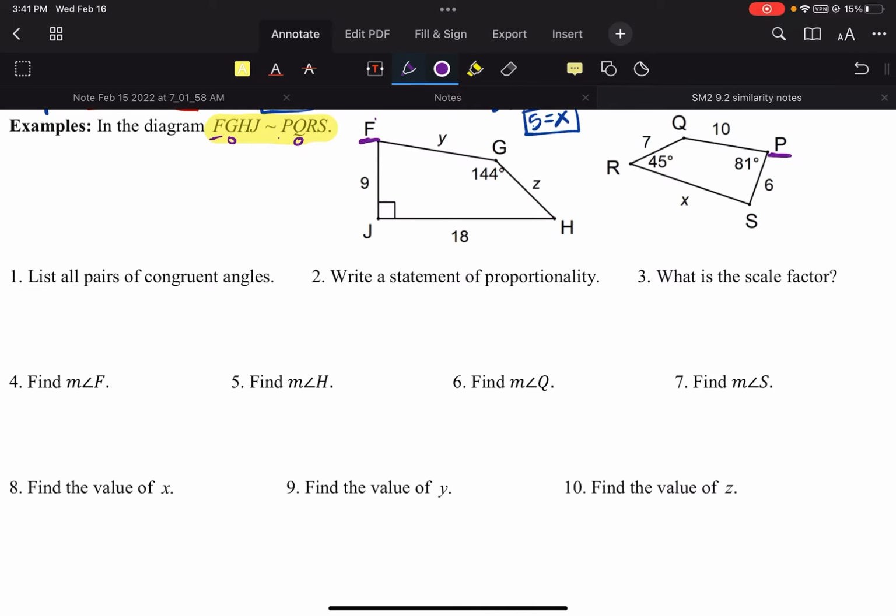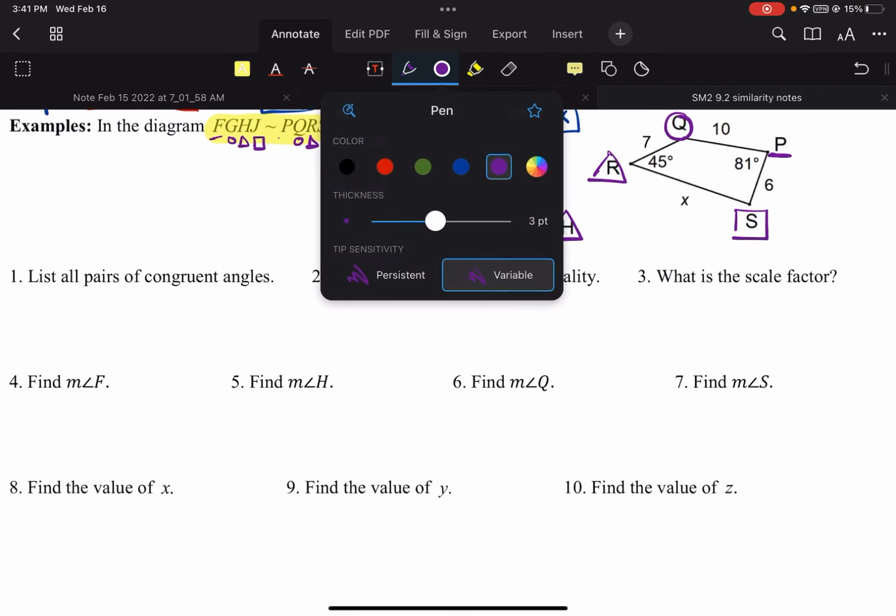We know that H and R are corresponding. And then, I don't know what to do for this last one, so we'll do a square. We know that J and S are corresponding. Okay, you do not have to label your vertices like this. It sometimes helps me so that I can easily see which sides are corresponding to each other. But if it doesn't help you or if it's confusing, then don't do it.